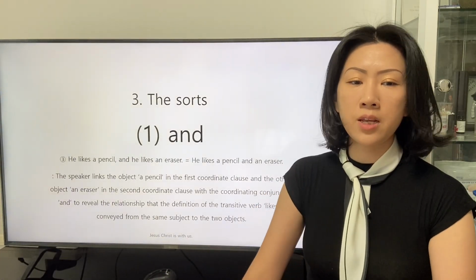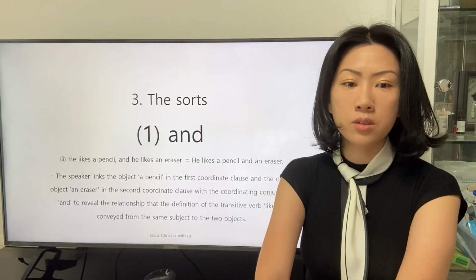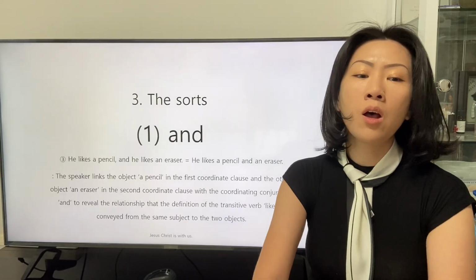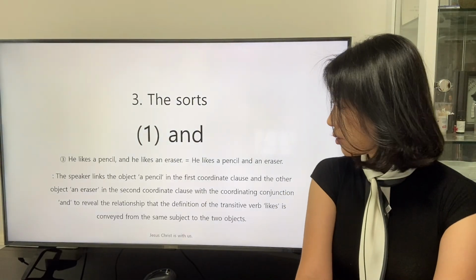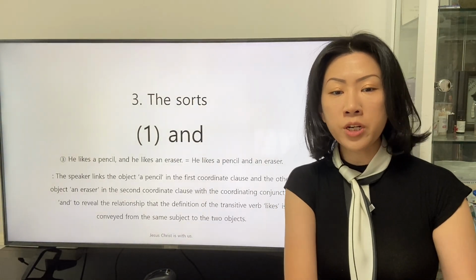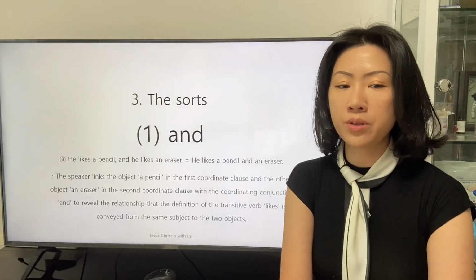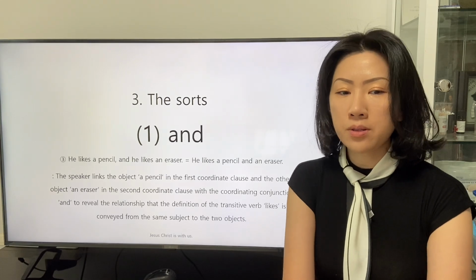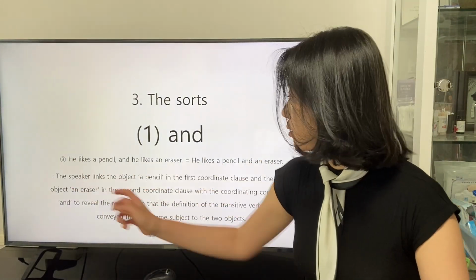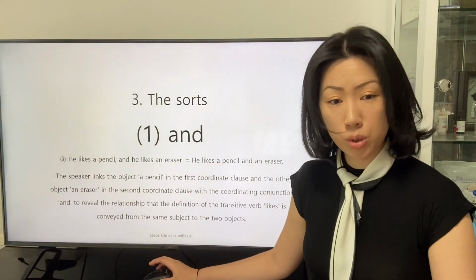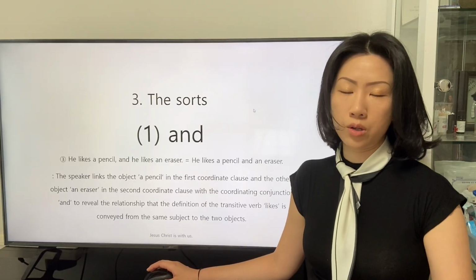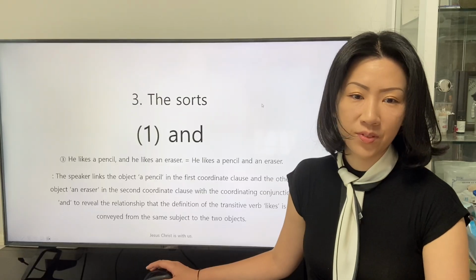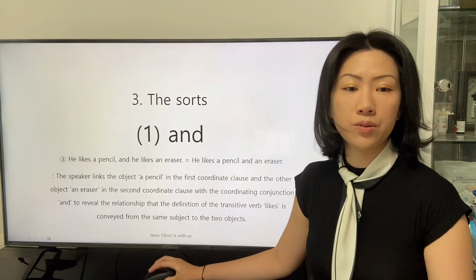The speaker links the object pencil in the first coordinate clause and the other object eraser in the second coordinate clause with the coordinating conjunction and, to reveal the relationship that the definition of the transitive verb likes is conveyed from the same subject he to the two objects, a pencil and an eraser.